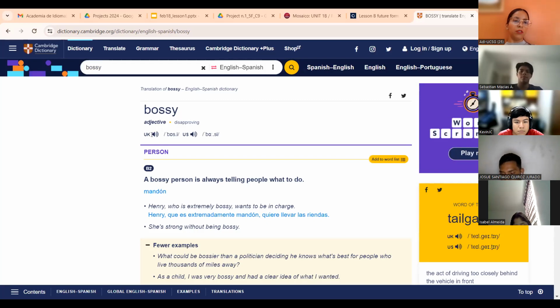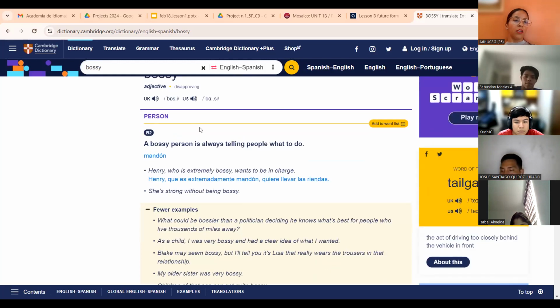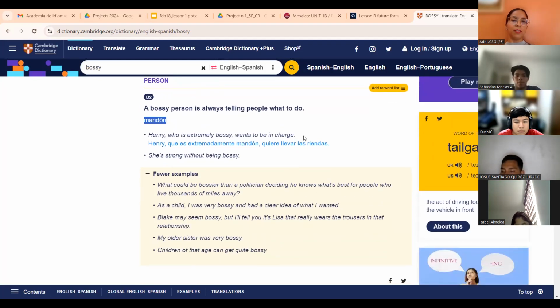UK, meaning British English, and the other one, American English. So you click on it, and you can listen to the pronunciation. You can also check the definitions and the translations. You have sentence examples here. How can you use the word in a sentence? Can you see it?